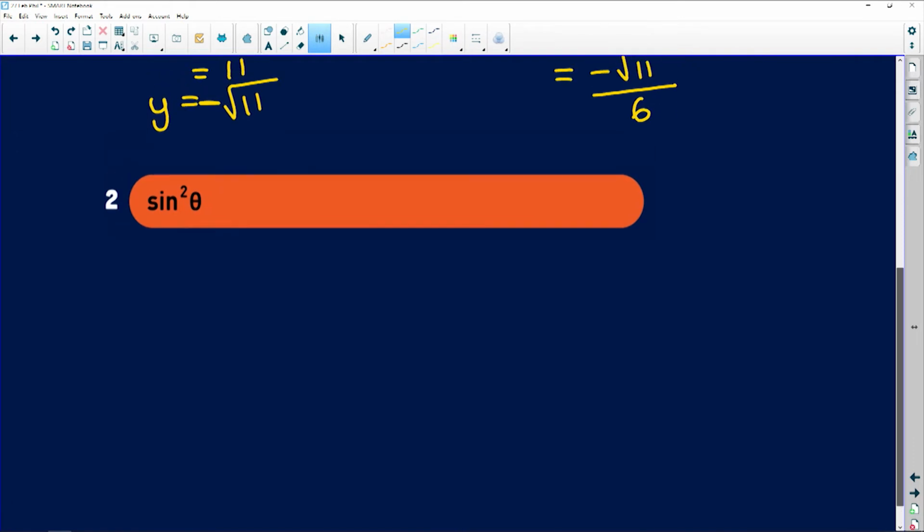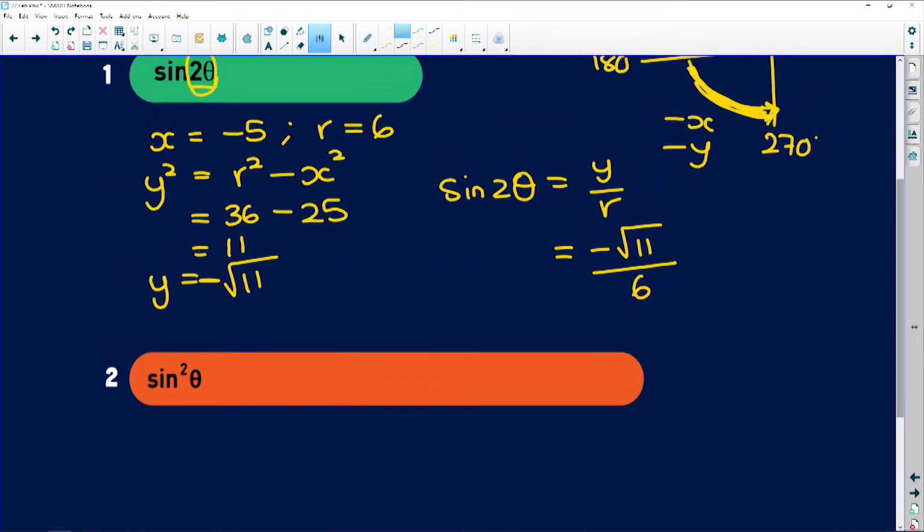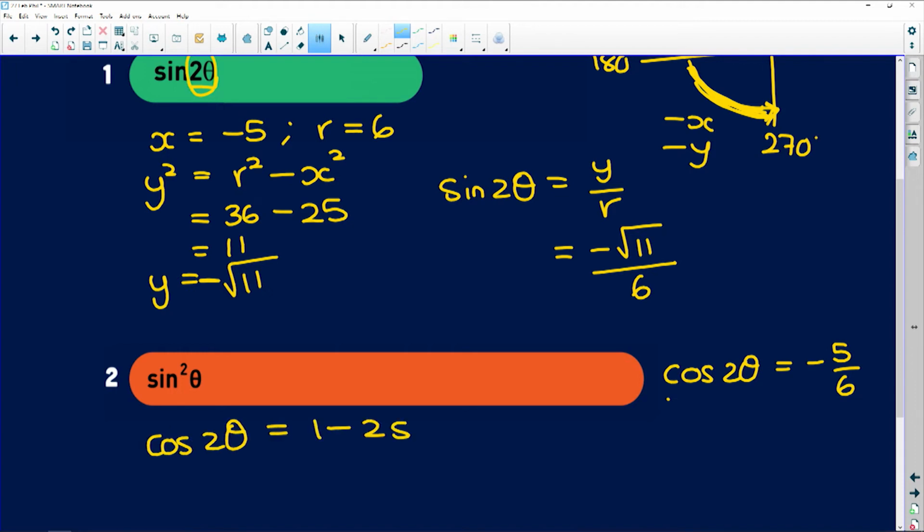The next one, sine squared of theta. Okay, how do we find sine squared of theta? Well, immediately at the beginning, we were given cos of 2 theta is equal to negative 5 over 6. In your formula sheet, you know that cos of 2 theta is equal to 1 minus 2 sine squared of theta. If it says, guys, without using a calculator, you are not allowed to use a calculator to find theta, so you have to manipulate.